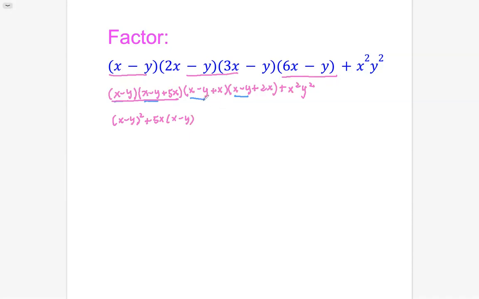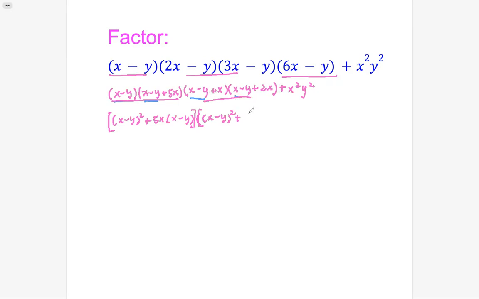We do the same for those two factors. So we get, oh, hold on, we need to use this bracket. We're treating x minus y as one term. Then we have x minus y squared plus, what's our middle term? We have x times x minus y, and 2x times x minus y.